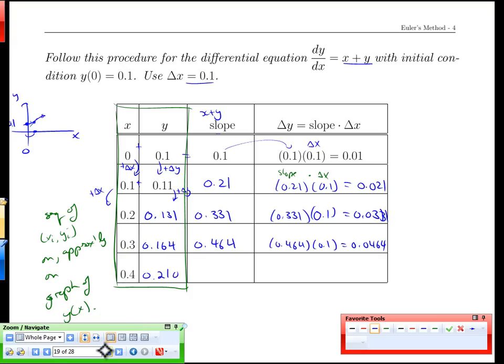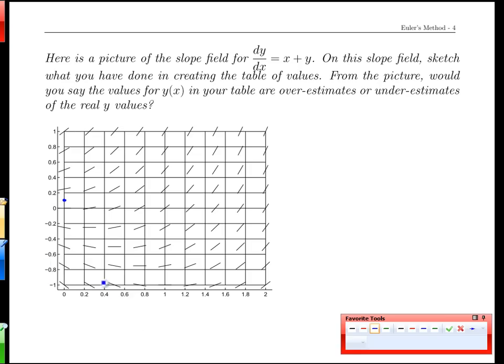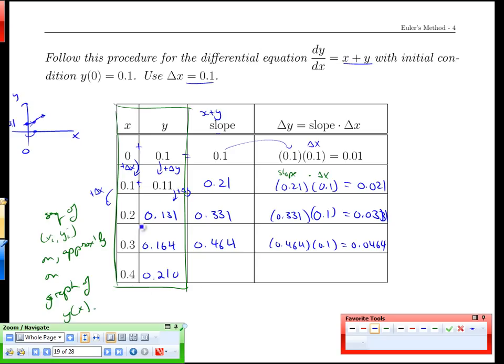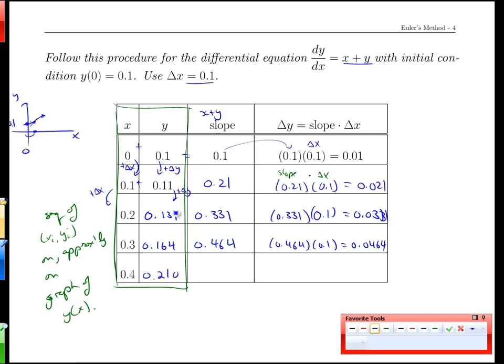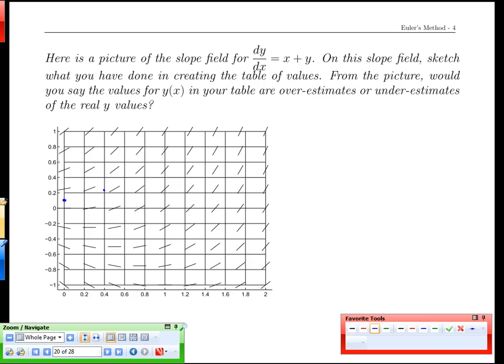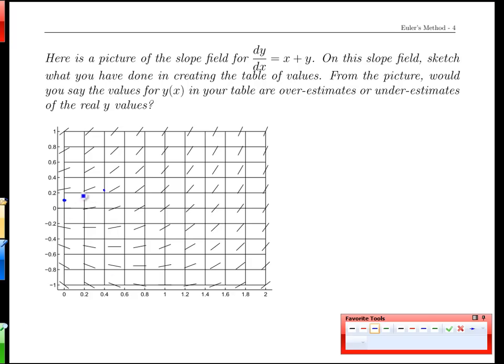So let's see how that ties into the slope field. 0.4, 0.21, and back here we were at 0.131, 0.11. All right. 0.131, 0.161 was about here and there. So these would be the points that we computed with Euler's method.